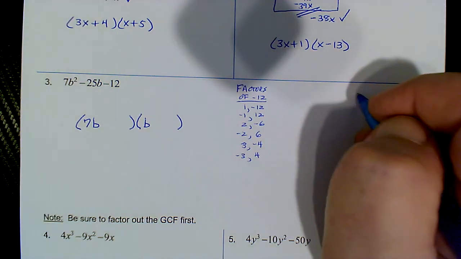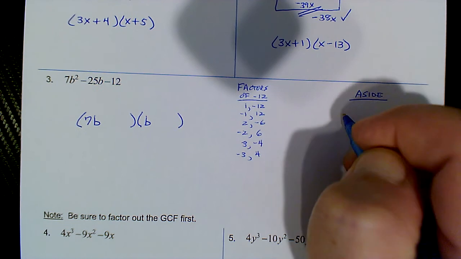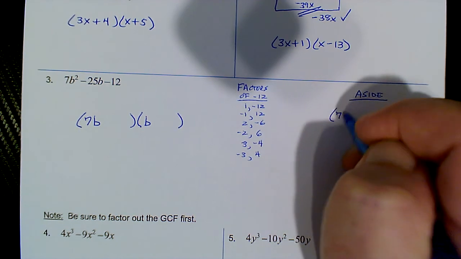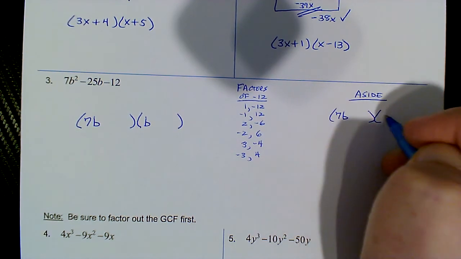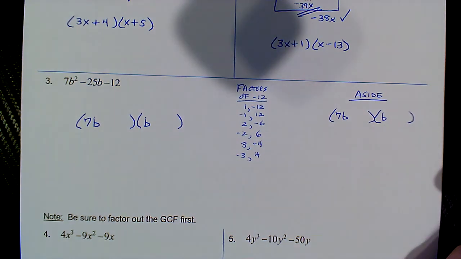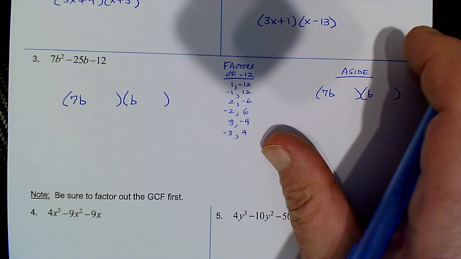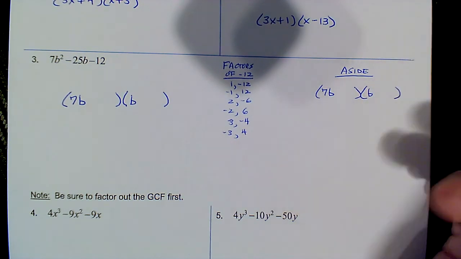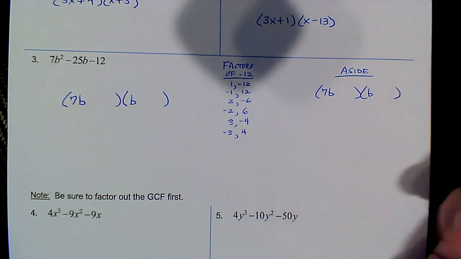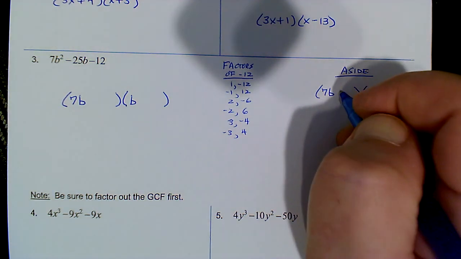Now, let me show some work aside here before we make our final guess. So we've got a 7b and a b. Just guess at the signs. That's why it's called trial and error. You know, maybe in the future when you try a lot of these, you'll guess correctly, but if not, we saw you just switch them at the end, as long as we get the right magnitude, the right number.